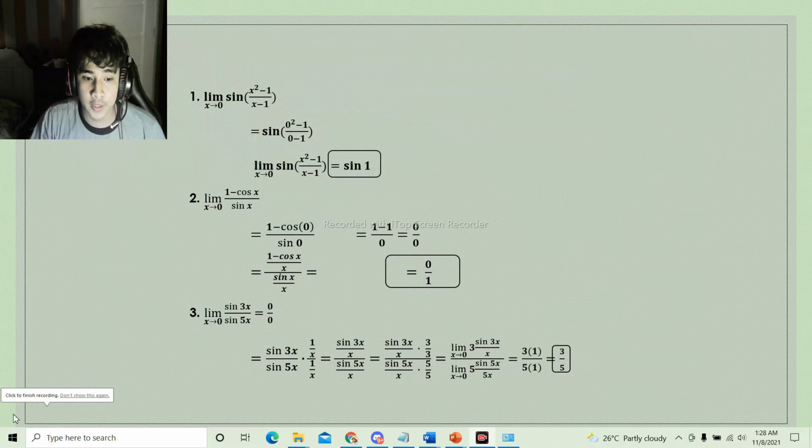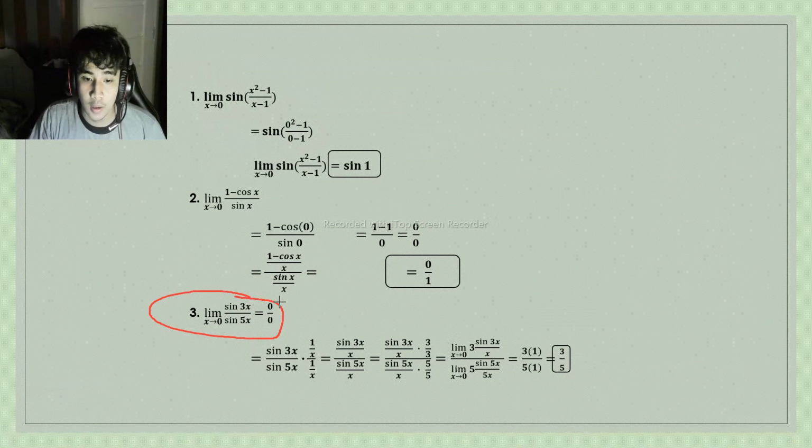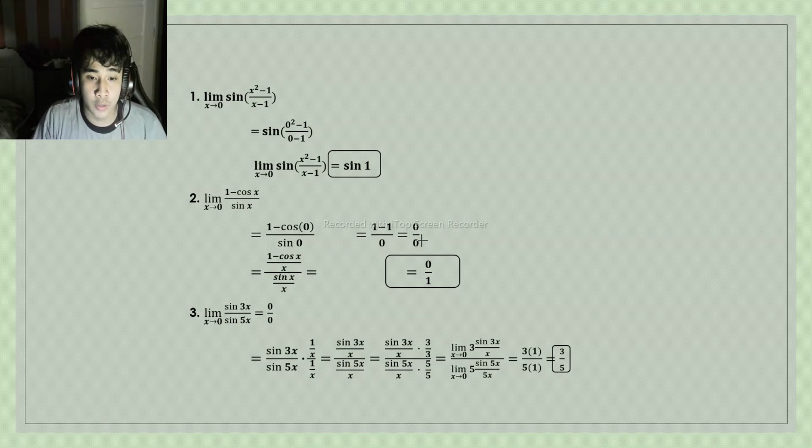So, on our third example, hindi kasama yung 0 over 0 na yan. So, limit of sine 3x over sine 5x as x approaches 0. So, try natin i-substitute. Pag sinubstitute natin yung 0 sa value ng x, magiging 0 over 0, magiging undefined na naman. So, we need to find a way para hindi maging undefined yung limit natin.